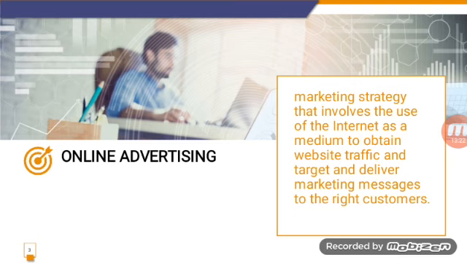So when the parent company sponsors these kinds of small companies, and when that small company appears on the parent company's web page, this is called native ads by sponsorship. It happens by sponsorship. So these are some of the types of online advertising.